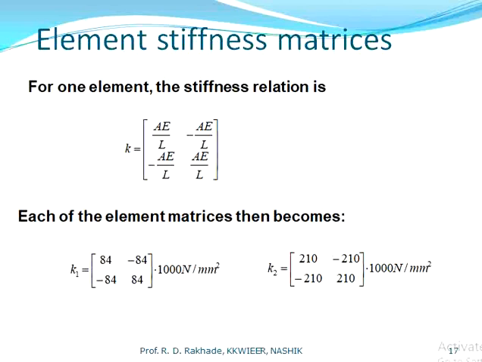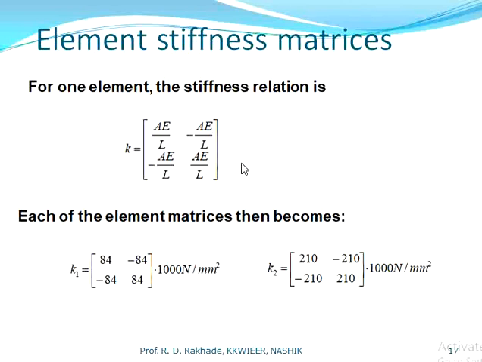Second step, formulation of the element stiffness matrix. So we form the individual element stiffness matrix. This is the stiffness matrix, that is AE upon L, minus AE upon L, minus AE upon L, AE upon L. The first column represents node 1 and the second column represents node 2. Row 1 represents node 1, row 2 represents node 2.